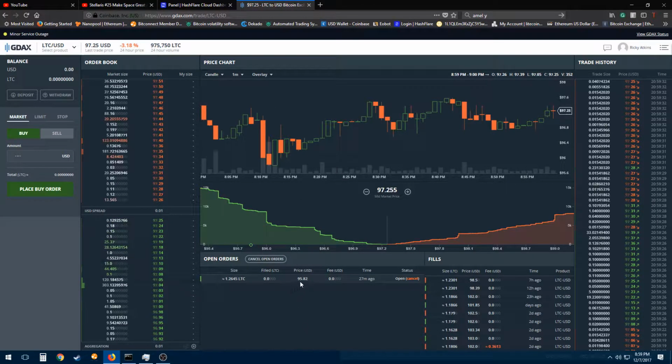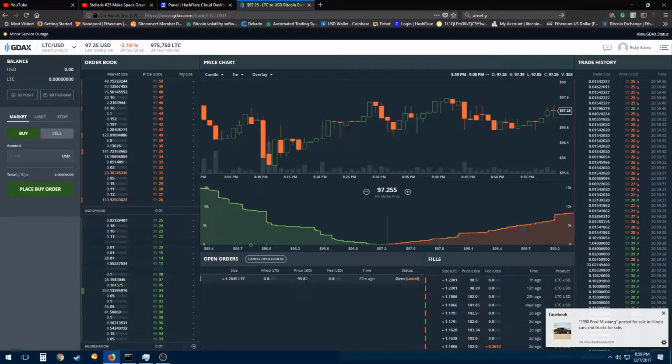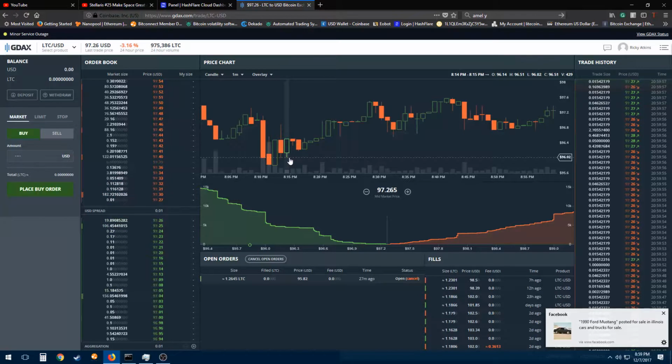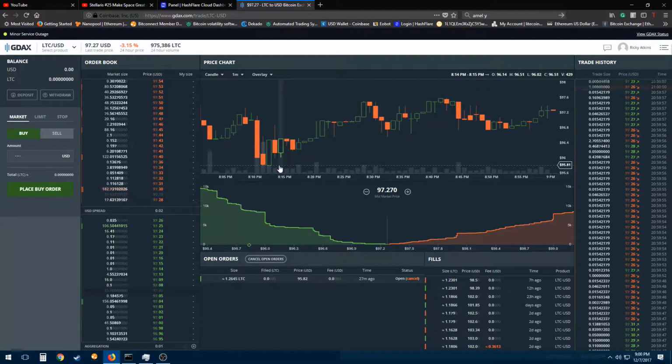I have an open order for when it gets down to 95.82, which would be right here. That's where I set to buy at my limit order.